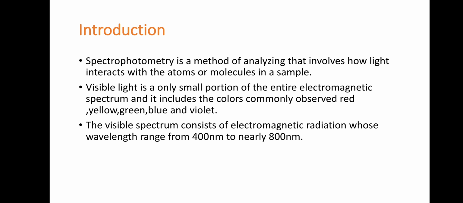Visible light is only a small portion of the entire electromagnetic spectrum, and it includes the colors commonly observed: red, yellow, green, blue and violet. The visible spectrum consists of electromagnetic radiation whose wavelength ranges from 400 nanometers to nearly 800 nanometers.